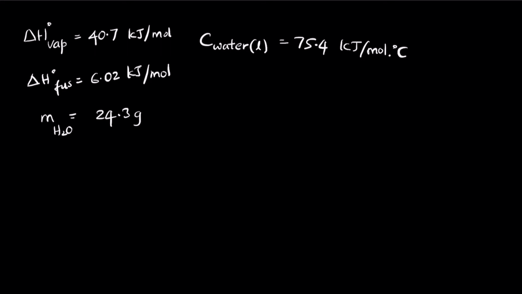Now let's look at what is happening here in terms of the phase change. First we are starting at 85 degrees centigrade, and notice that at 85 degrees centigrade it's still water.